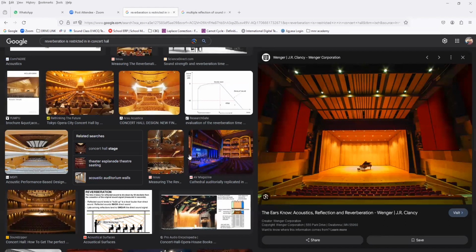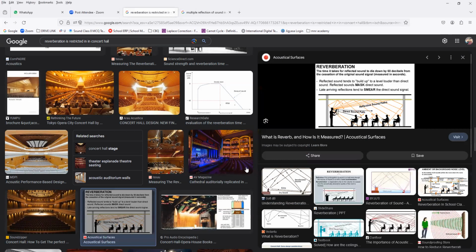Okay, so write it. Heavy curtain. Second point is sound absorbing carpets are used on the floor.